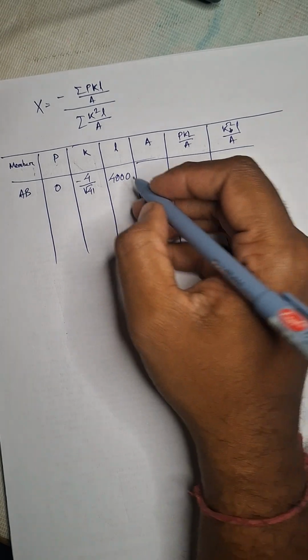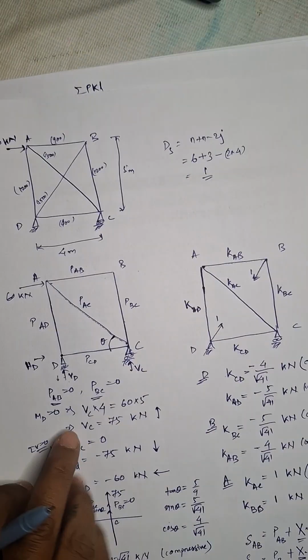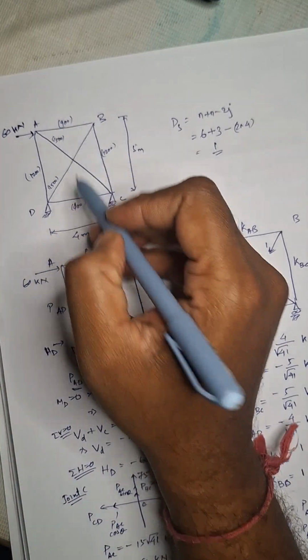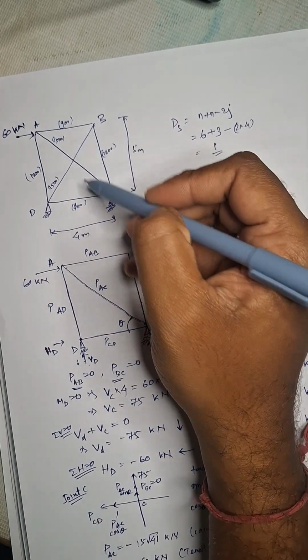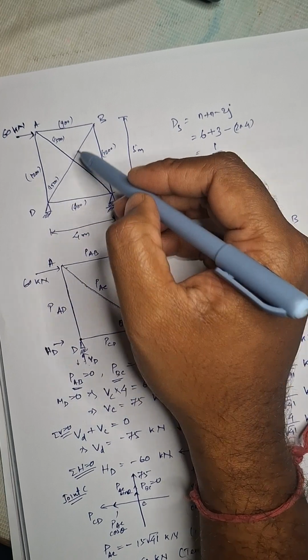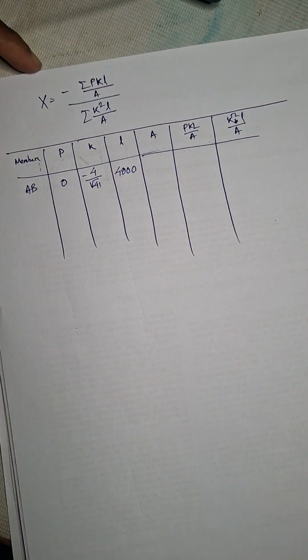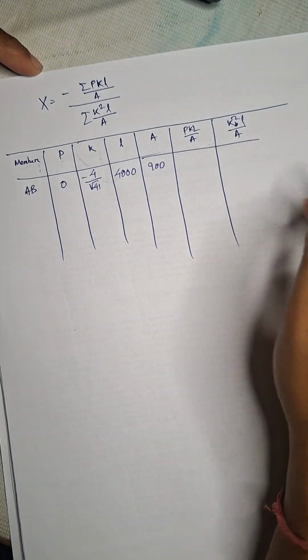Area, cross sectional area: in this question it is given already, I forgot to tell you, the value in the bracket represents the cross sectional area of each member. These two members have cross sectional area of 900, these two have 1200, and these two have 1500. So for member AB, the cross sectional area is 900.